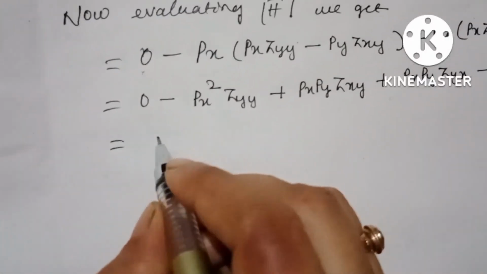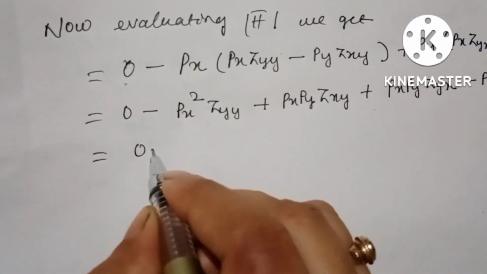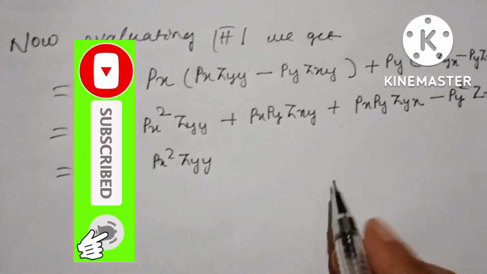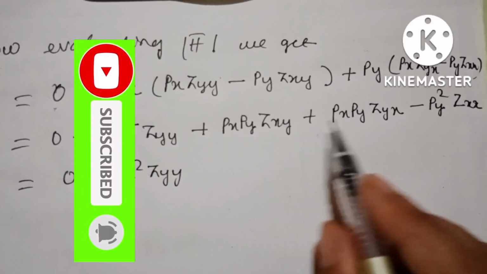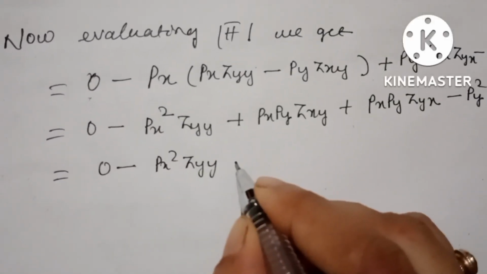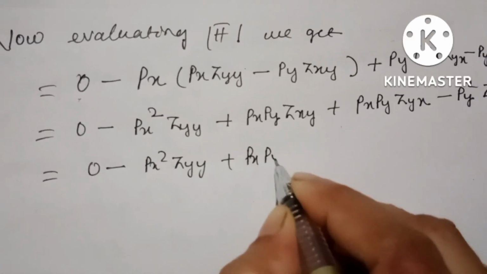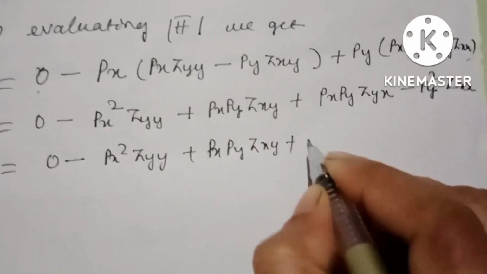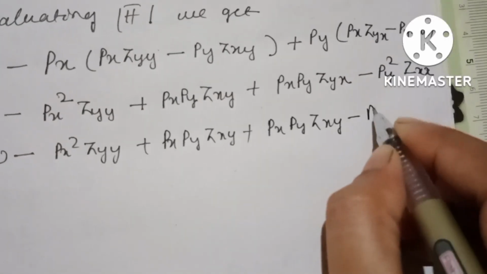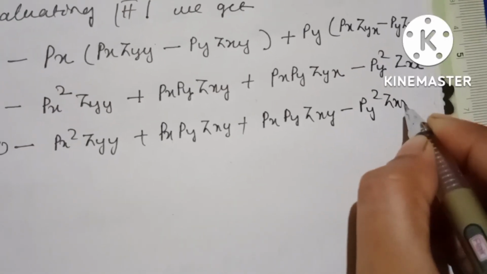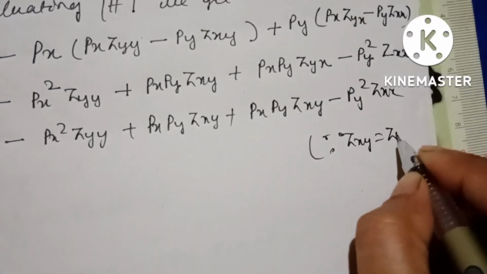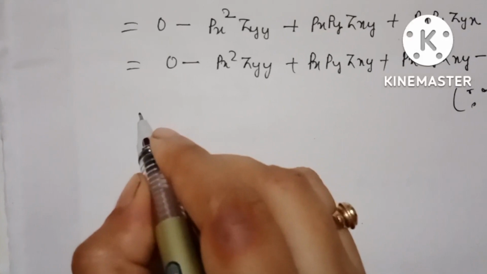So this equals 0 minus px square zyy. As zxy equals zyx, we can write plus px py zxy plus px py zxy minus py square zxx.